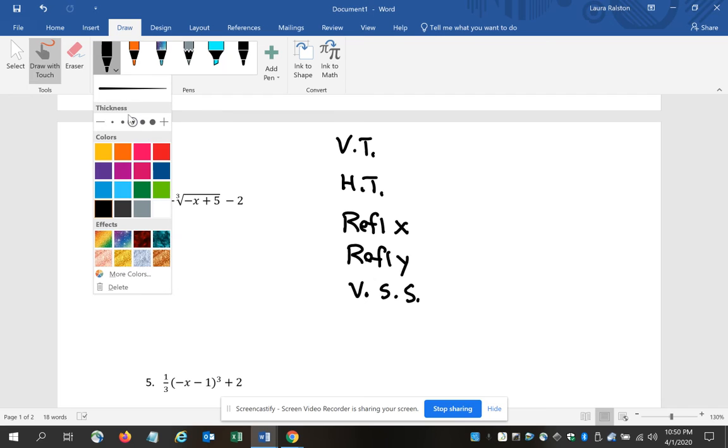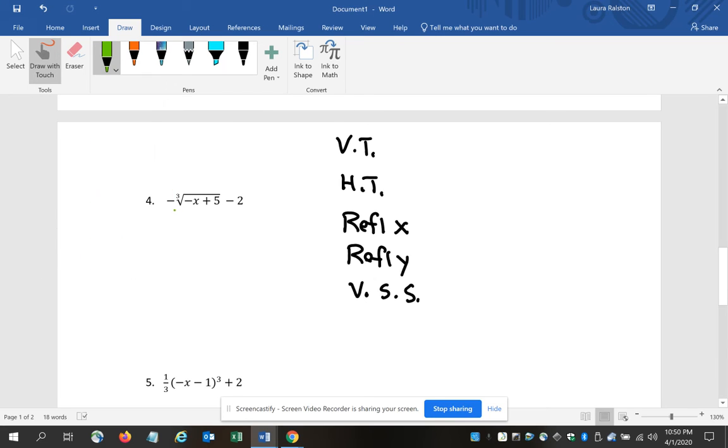If I identify my players, remember a is the number out front, b is in front of the x, h is inside as the constant, and k is tagged at the end.